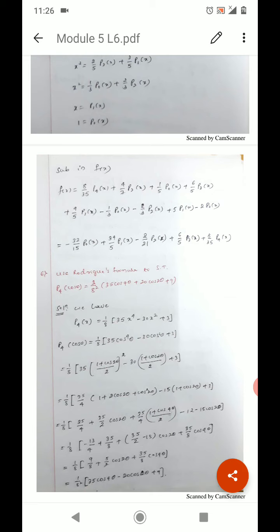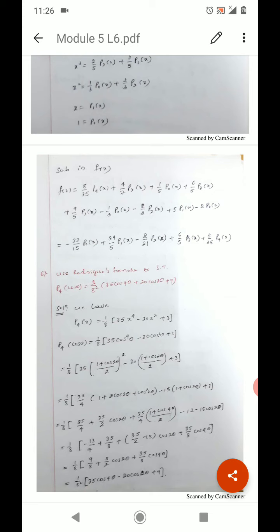Next, use Rodrigues formula to show that P4 of cos theta is equal to 1 by 8 of 35 cos 4 theta plus 20 cos 2 theta plus 9. So we have P4 of x is equal to 1 by 8 of 35 x power 4 minus 30 x square plus 3, which is the standard result. Now substitute x is equal to cos theta.